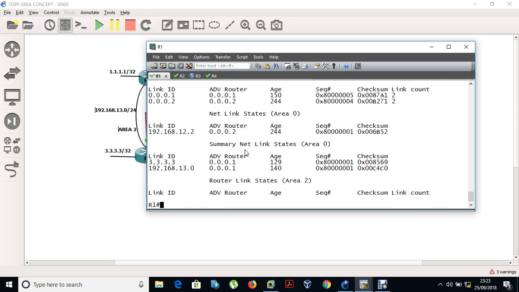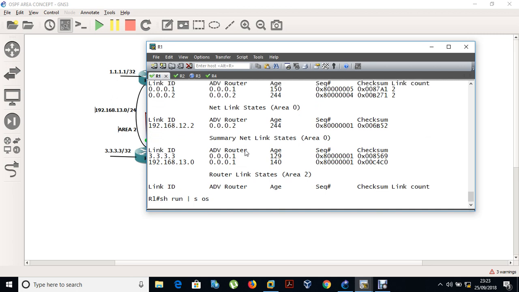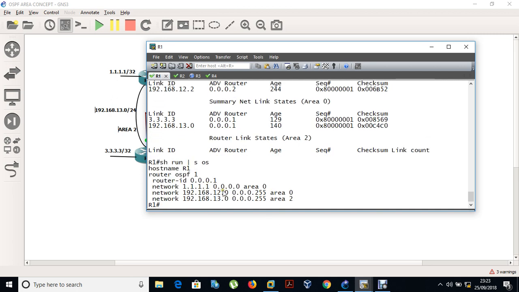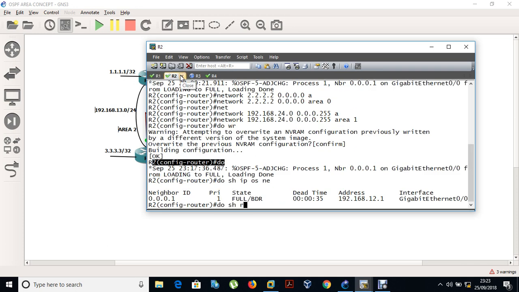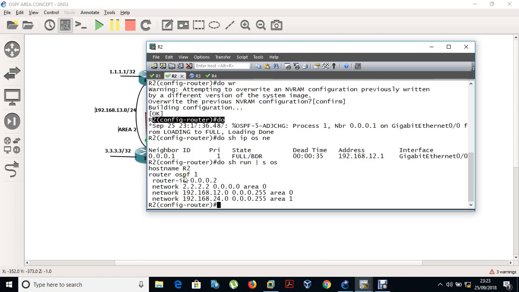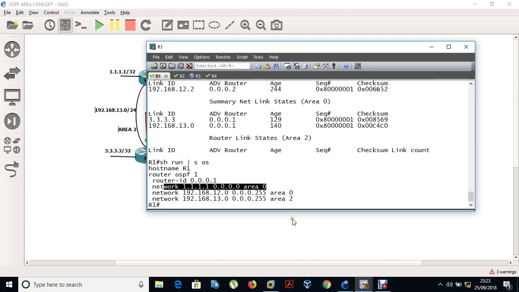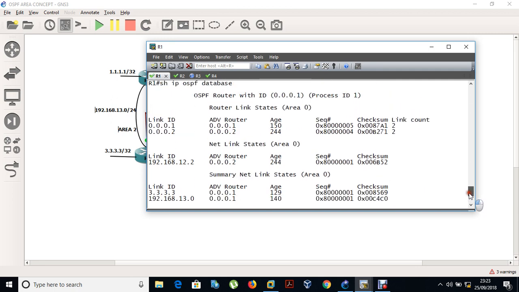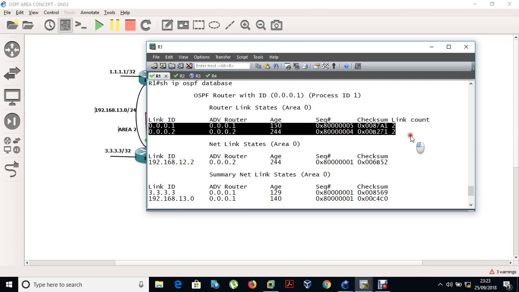So if I go to router 1 now and say OSPF, I'm just checking if I advertised this one, and if I go to router 2, it advertised this one as well. Okay, so now they have the full information. They are advertising LSA type 1.